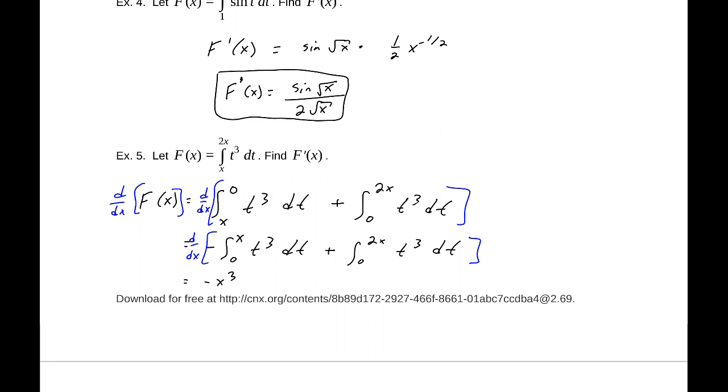All right, and that will be plus 2x cubed times the derivative of 2x, which is 2. There we go, because of our chain rule, which will then be equal to 16x cubed. All right, so our f prime of x is equal to 15x cubed.